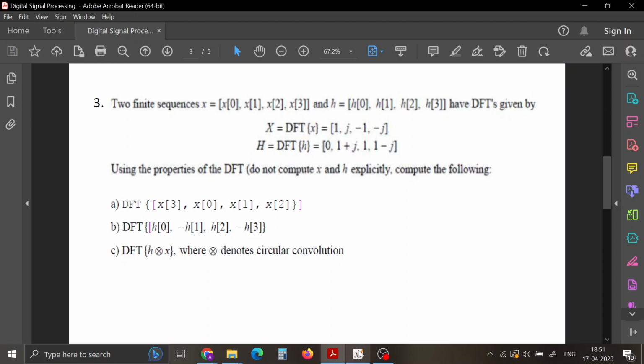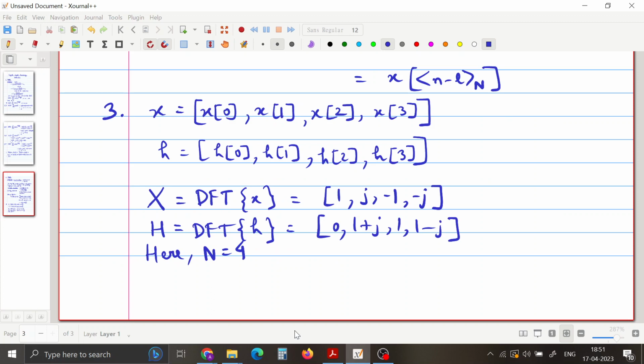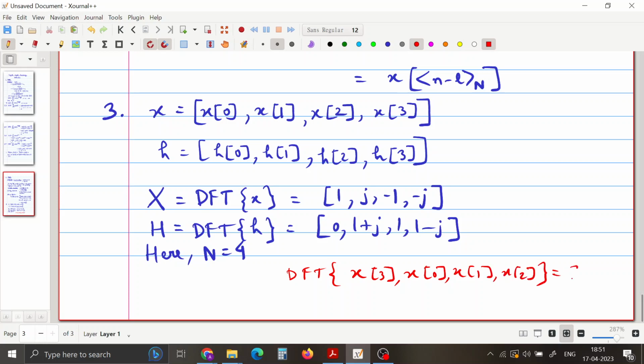Now you see, you have been asked to find the DFT of this x of 3, x of 0, x of 1, x of 2. This is what you need to find.